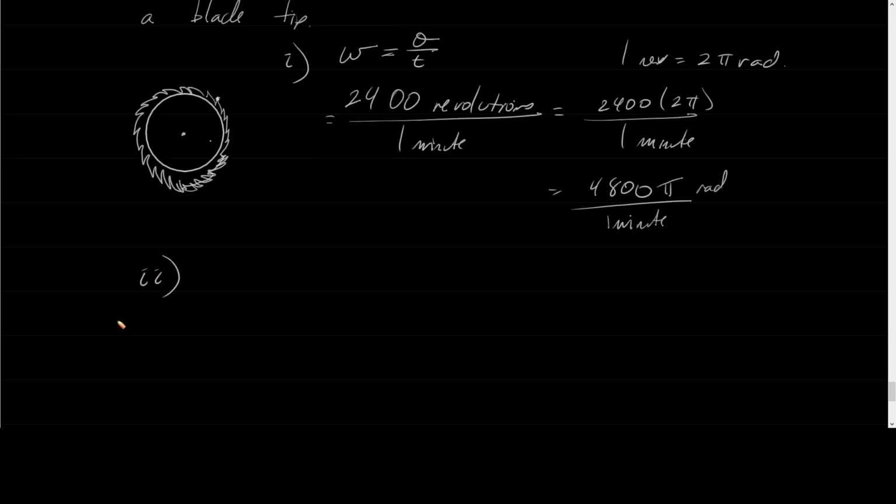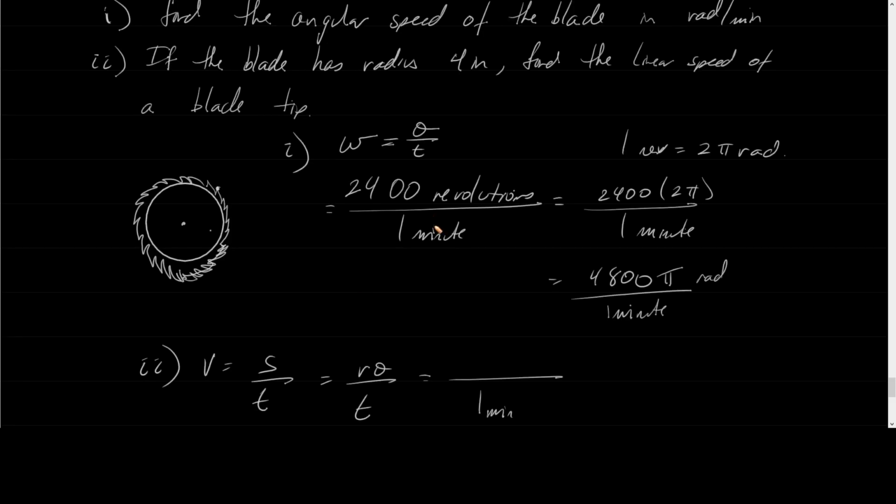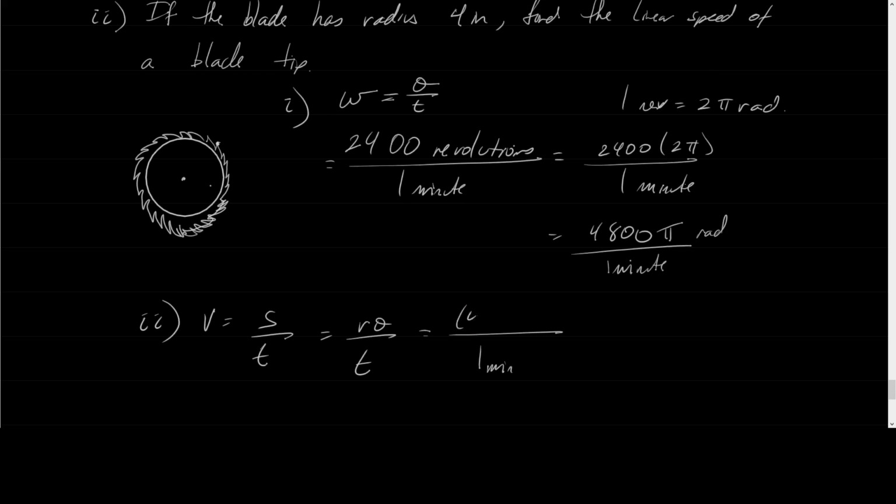Well, we know that the velocity is equal to the arc length over time for linear speed. The arc length was r theta, and we have that over time. We're going to keep time simply as 1 minute. The radius was 4 inches, so we've got 4 inches times the angle.